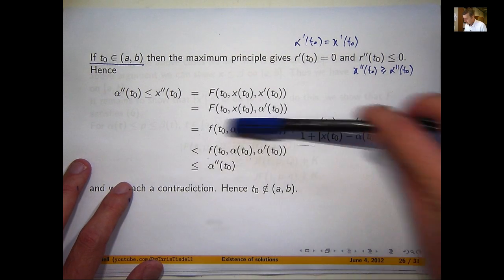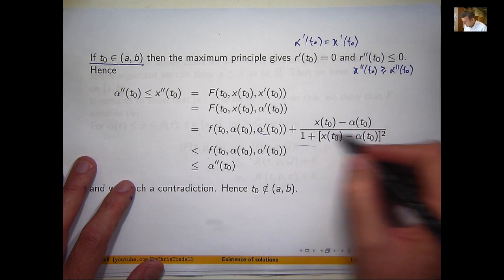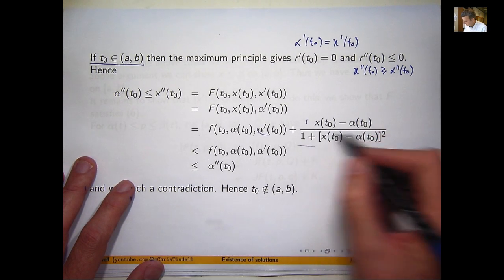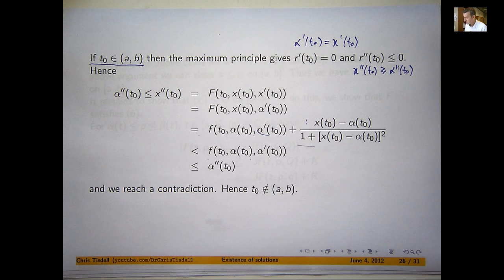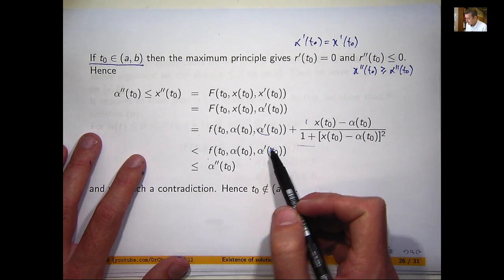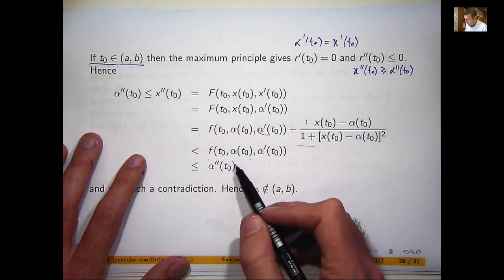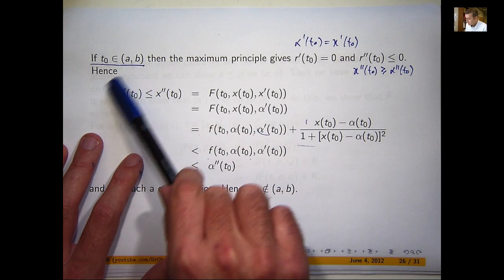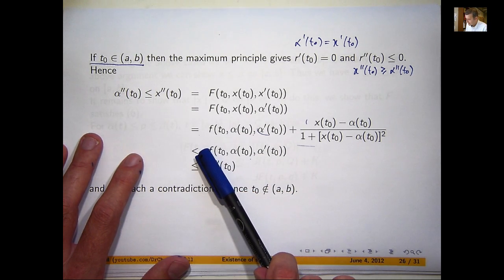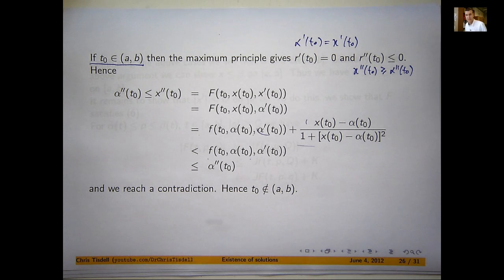Going from here to here, you'll notice that we've assumed that this is negative because we've assumed that x of t sub 0 is less than alpha of t sub 0. So we can then form an inequality to get this, and we know because alpha is a lower solution, this is less than or equal to alpha double prime of t0. So what we've got now is alpha double prime of t0 is less than alpha double prime of t0, which doesn't make sense. So we reach a contradiction.